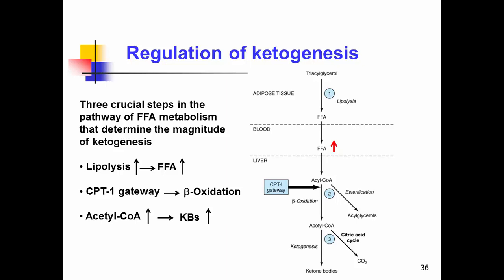And the second: fatty acids can only be oxidized in the mitochondria if they are transported into the mitochondria. Remember, this regulatory point is CPT1, a key enzyme that controls fatty acid transport from the cytosol into the mitochondria.